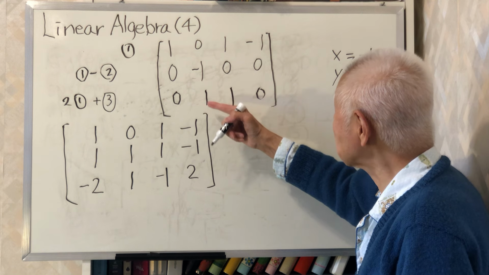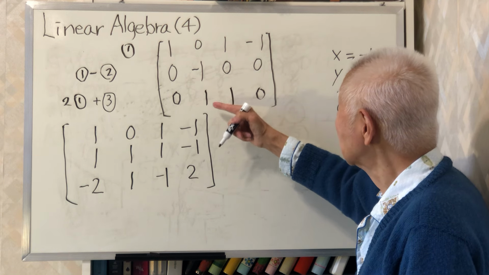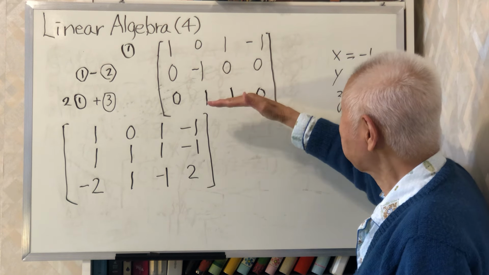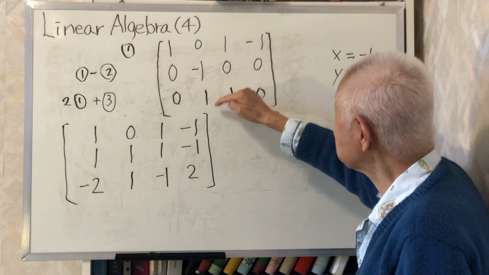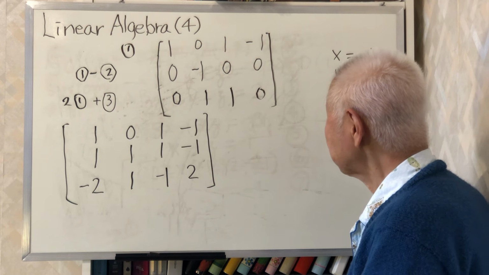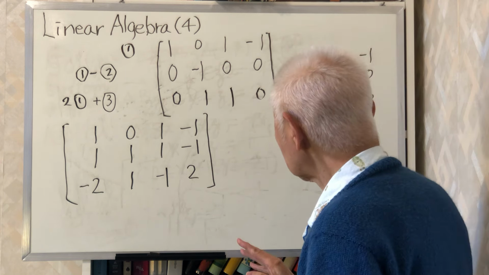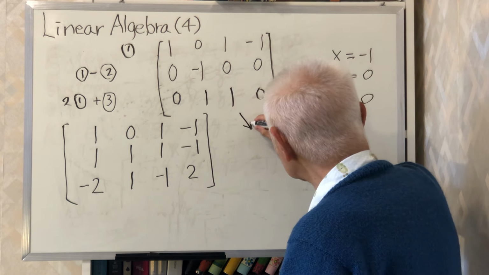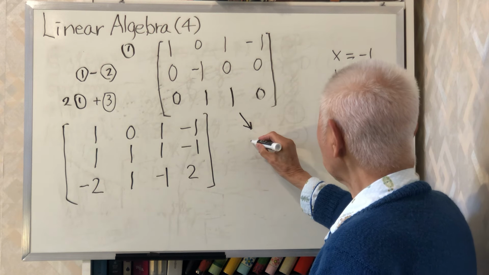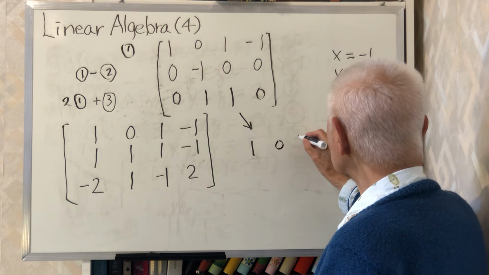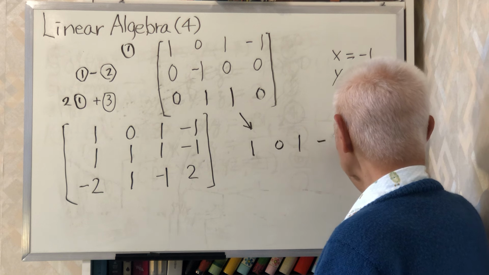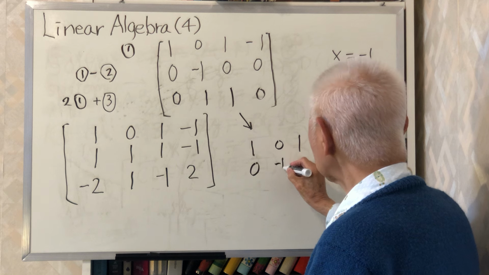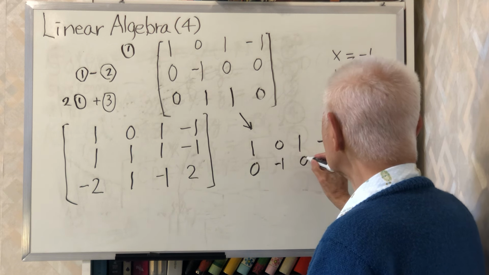Next, I want this to be 0. How do I do that? It's just this plus that, and this becomes 0. I need more space. So I have 1, 0, 1, negative 1. 0, negative 1, 0, 0.